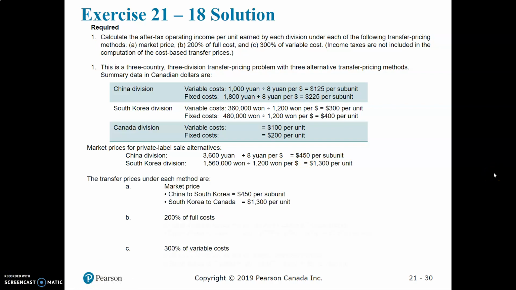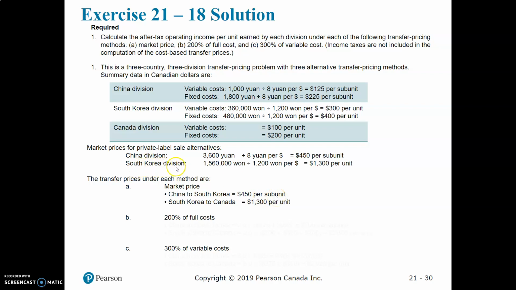For the market price transfer pricing method, remember in the section above, we calculated that the China division sells the subunits for $450 to other Chinese companies. That's the information we are going to use, and we assume that when China sells the subunit to South Korea, it sells each unit at $450 per subunit.